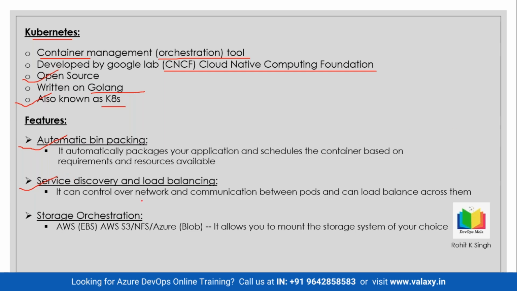Storage orchestration. Like in Docker, remember the volume was not persistent. For making the volume persistent, what we were doing is mounting it on a local hard drive. Same way we can even mount it on S3, and as I said, you can mount it on Azure storage and things like that. Same goes with Kubernetes.